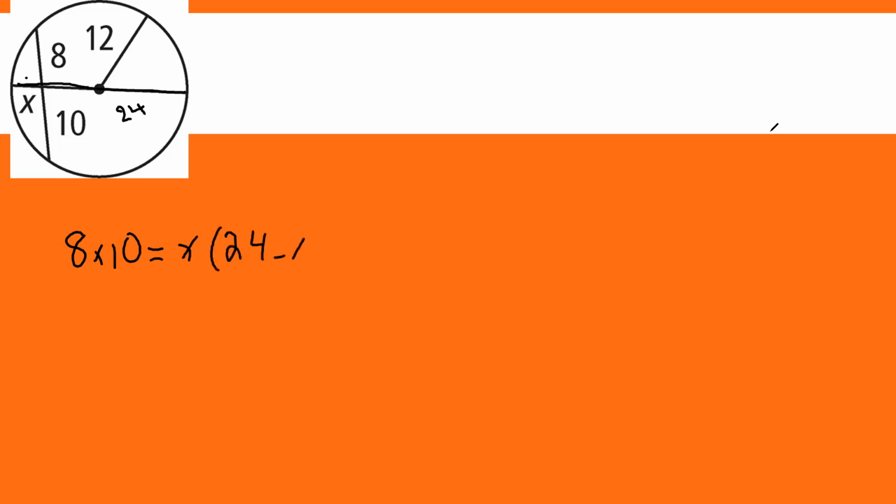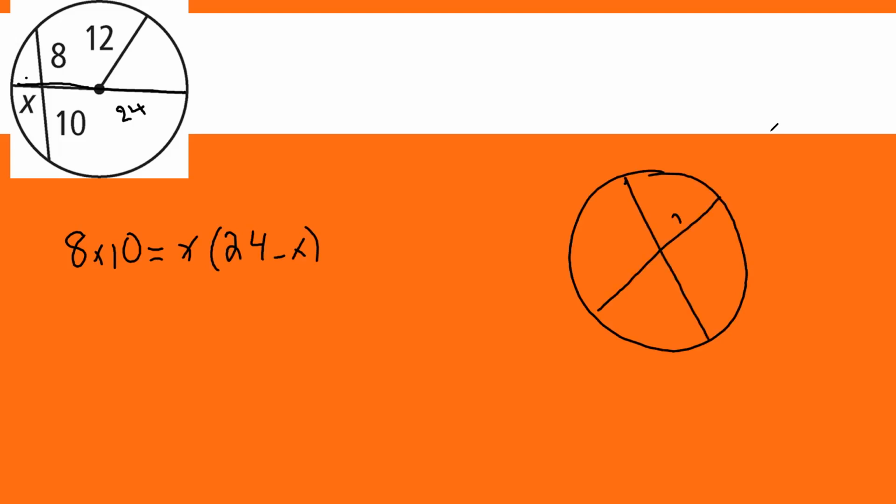Now, all of us remember that if you have two chords that are intercepted inside a circle, and here you have A, B, C, and D, we say that A times B will be equal to C times D. Here we have the same.